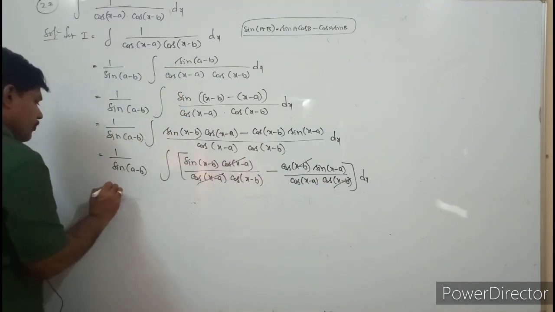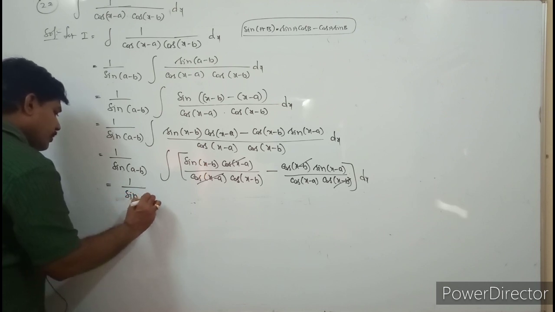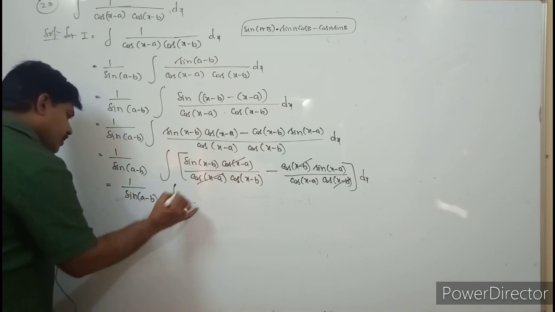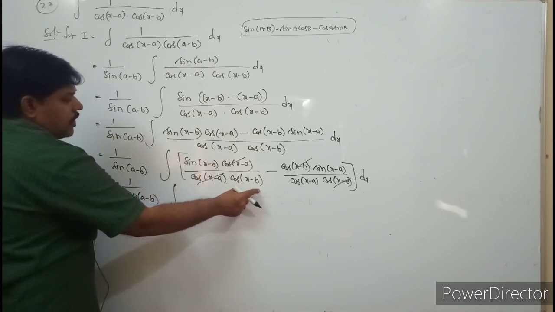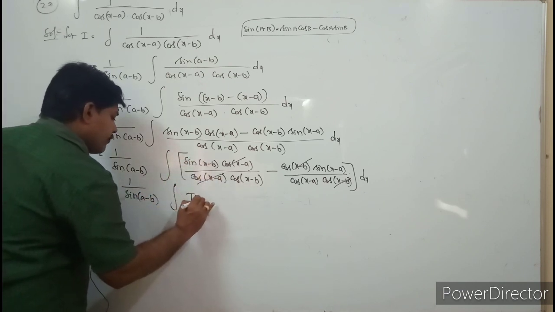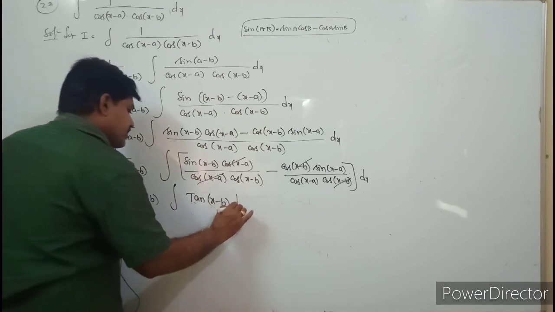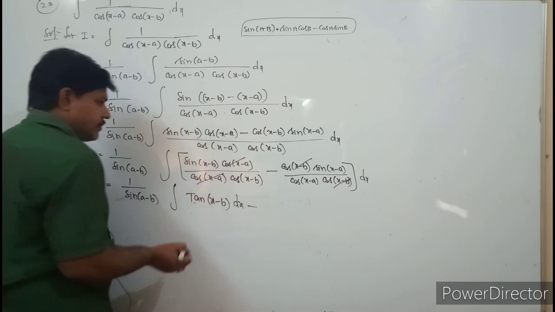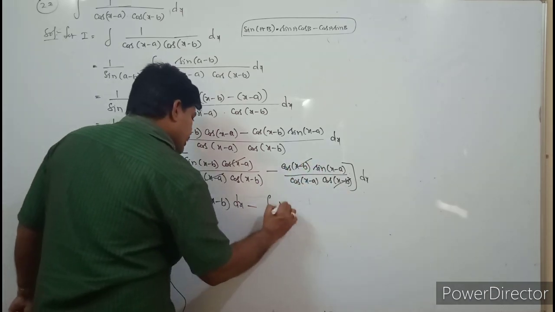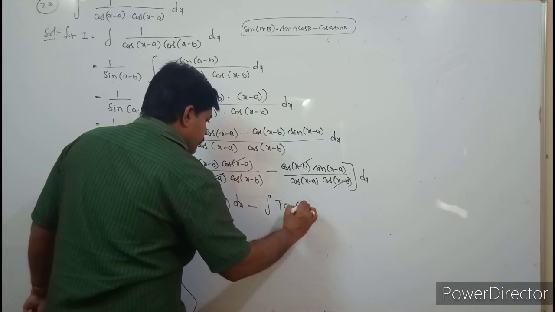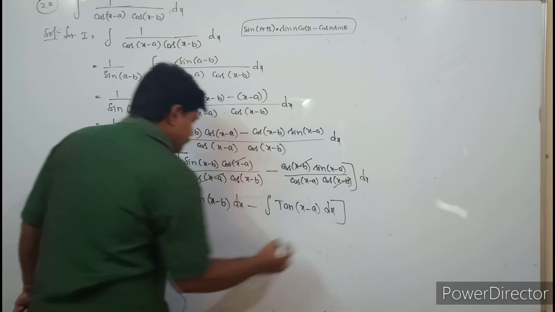So the problem will become 1 by sin of a minus b integral of sin x minus b by cos x minus b, which is tan of x minus b into dx, minus sin of x minus a by cos of x minus a, that is integral tan of x minus a into dx.